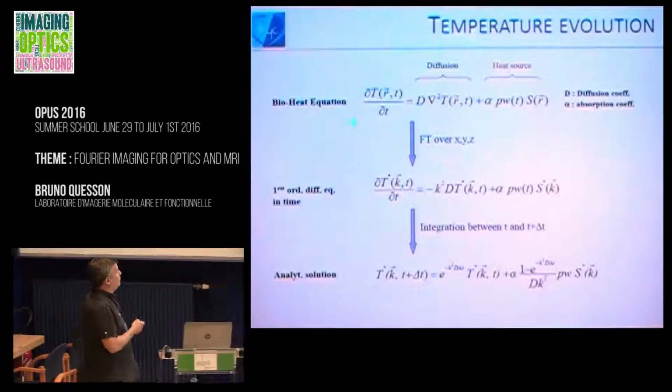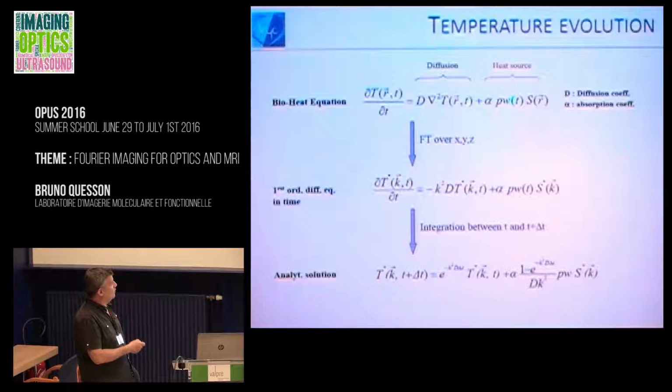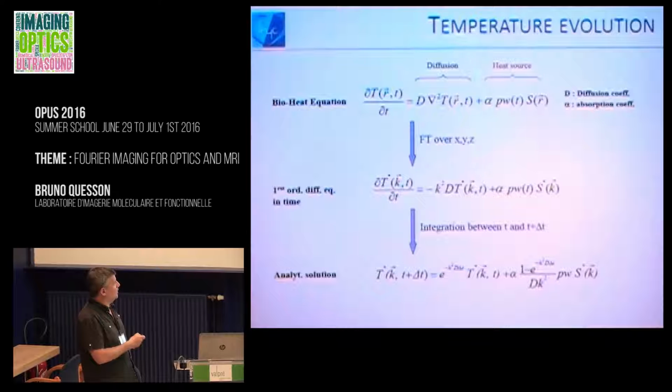That's something that we published about 15 years ago. You can rewrite your equation, the same one, where I simply have no perfusion on this one. If you make a Fourier transformation over the spatial coordinates, you transform this equation into a differential equation in the k-space of temperature. And then you can integrate this value.